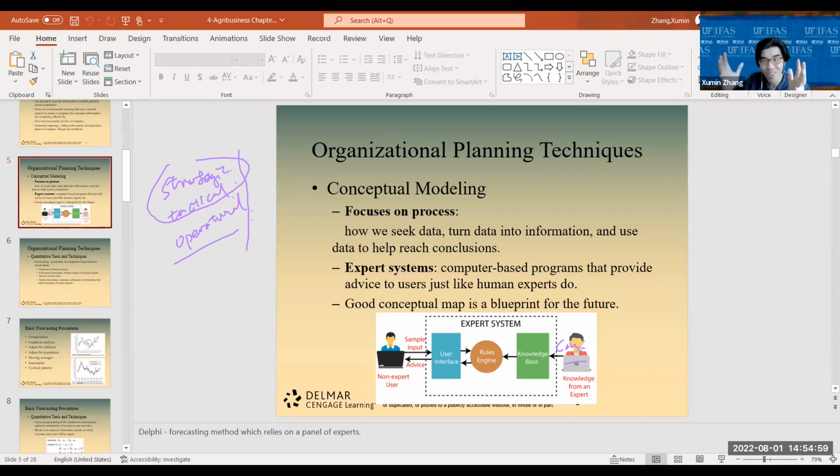It's not artificial intelligence, it's human intelligence, expert intelligence, right? And then they analyze this information based upon their knowledge, their experience, their analytical ability. Conceptual model is more like analyzing the data, if I put it in a simple way.